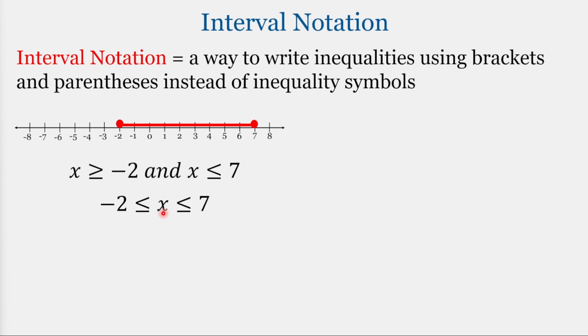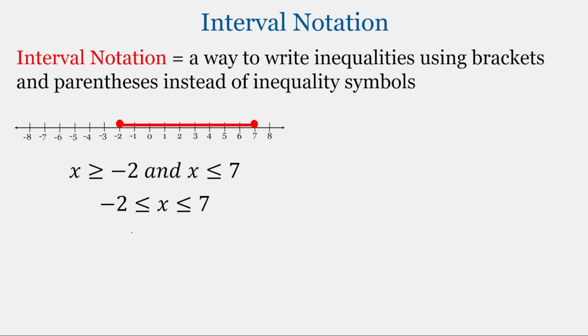Again, we'd read this the exact same way as the one above it. We'd start in the middle with the variable and then read from right to left, x greater than or equal to negative 2, and back to that x again, and now from left to right, x less than or equal to 7. But let's write this now with interval notation.